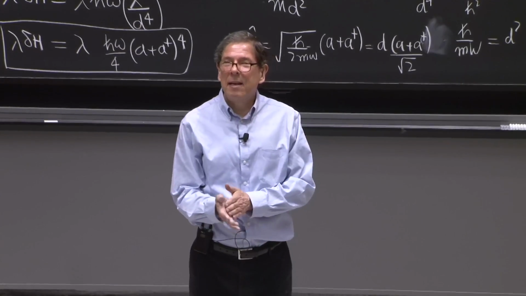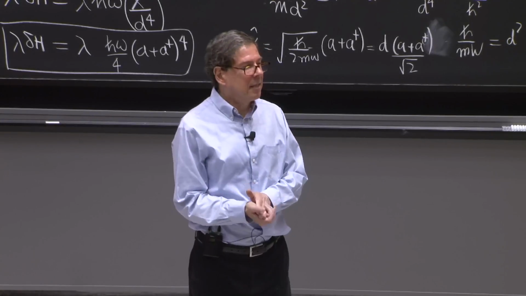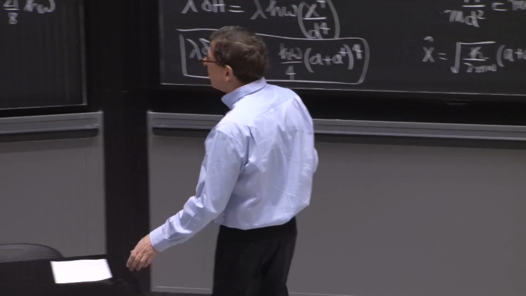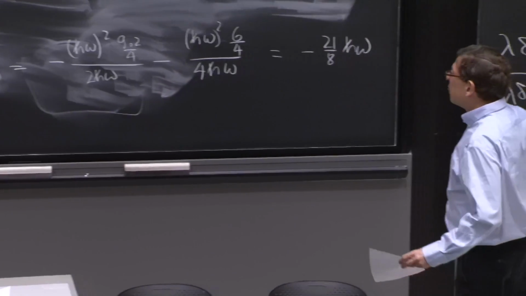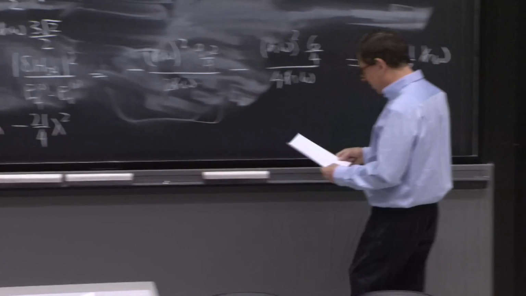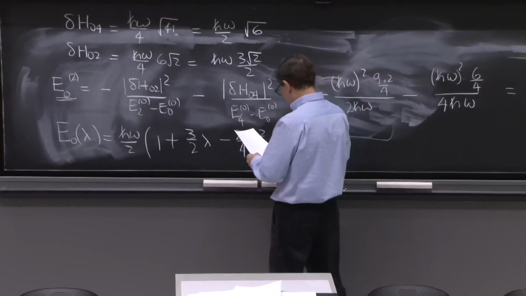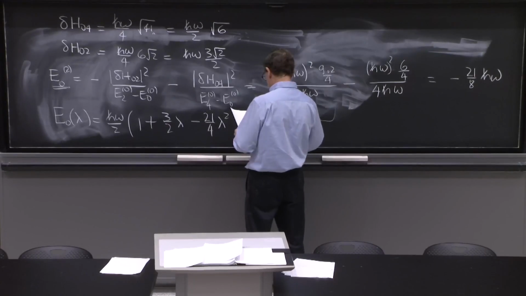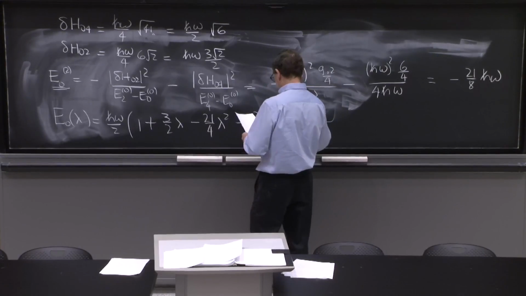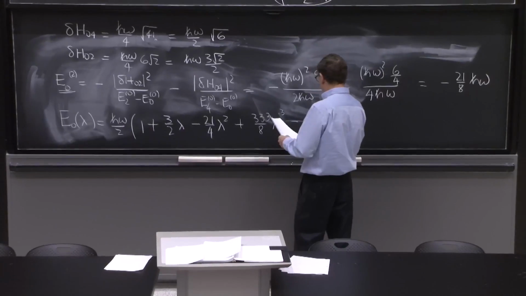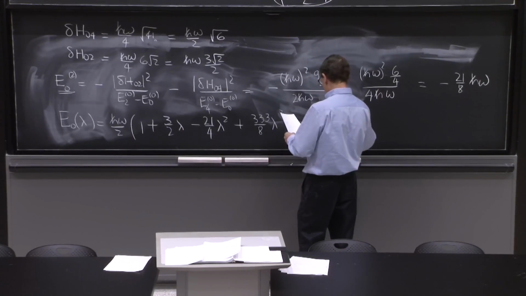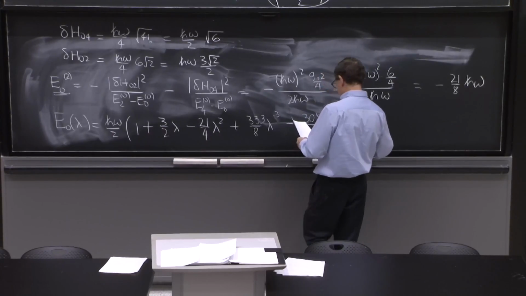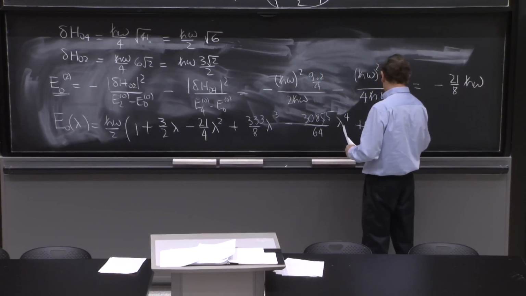The first people that did a very detailed analysis were Bender and Wu, and they computed probably 100 terms in the series or so. The next term turns out to be 333 over 8 lambda cubed, followed by 30,855 over 64 lambda to the 4th plus order lambda to the 5th.